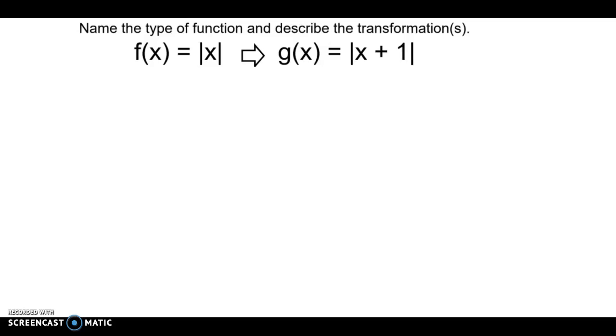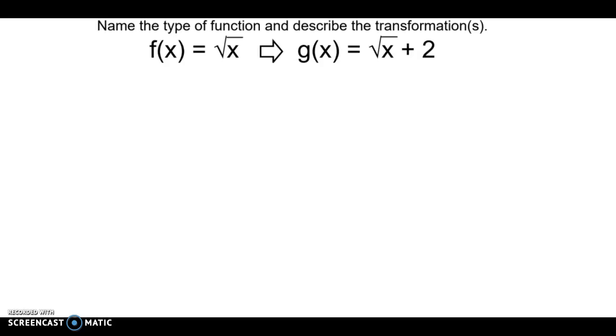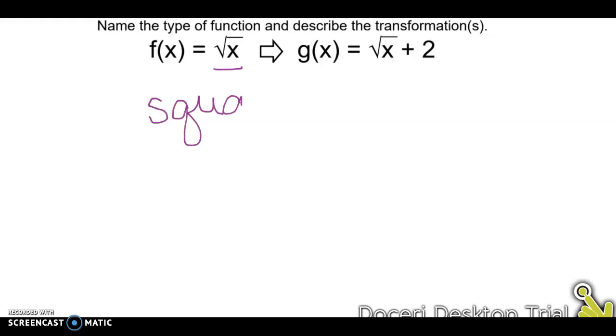Let's look at another one. Alright, so we are talking about a square root function. Notice the radical there. So it's the square root function. And then what changed? It was our k.